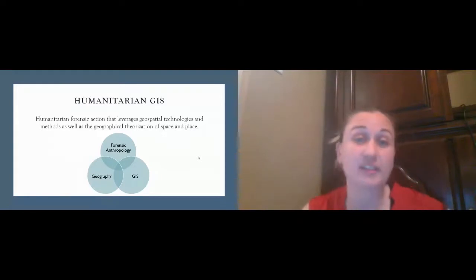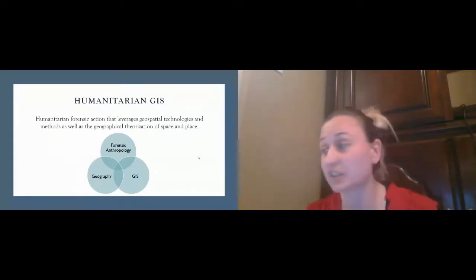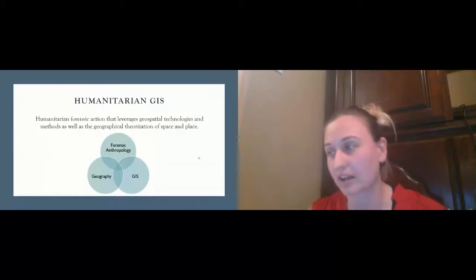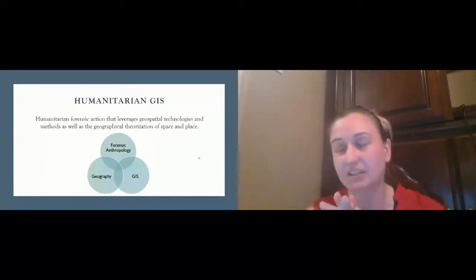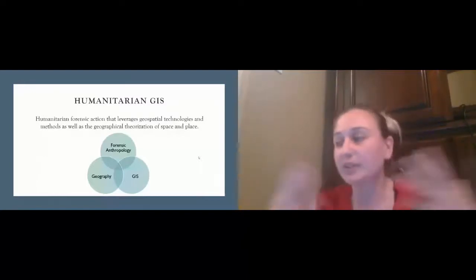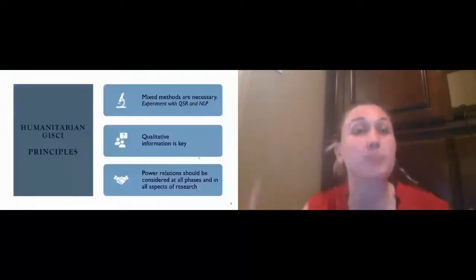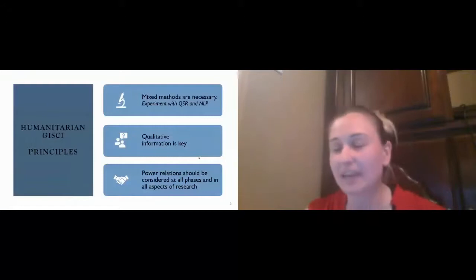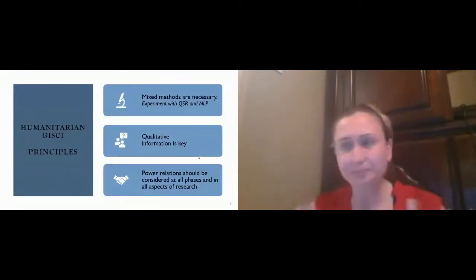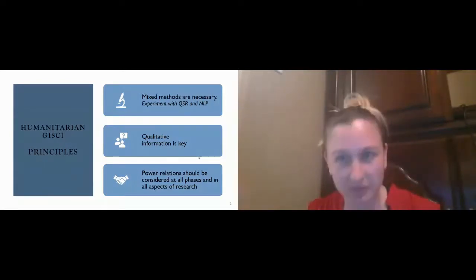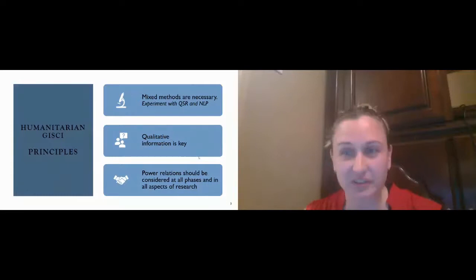And humanitarian forensic action, I have taken that definition from the International Red Cross, which is forensic science conducted to alleviate human suffering post-conflict, post-disaster. The principles that I've put into this developing toolkit emphasize place and the integration of qualitative data into geospatial technologies, following critical geographers, feminist geographers, and others.